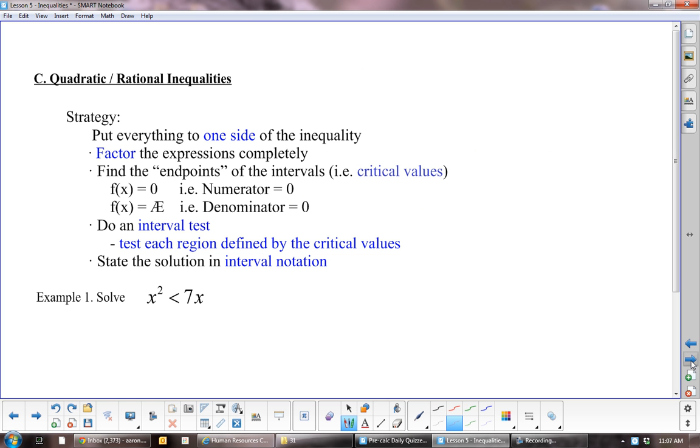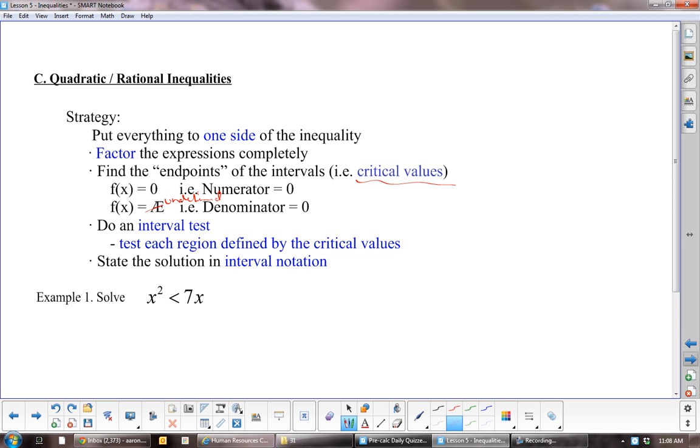Okay. So quadratic rational inequalities. Put everything to the one side of the inequality, factor the expression, find the endpoints or critical values. So we want to know when f of x equals 0, so that's when the numerator equals 0, or when f of x is undefined, just write undefined, and that's when the denominator equals 0.